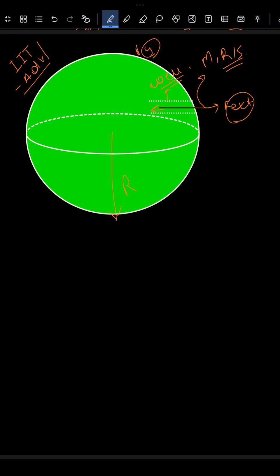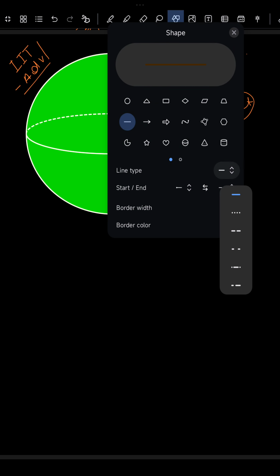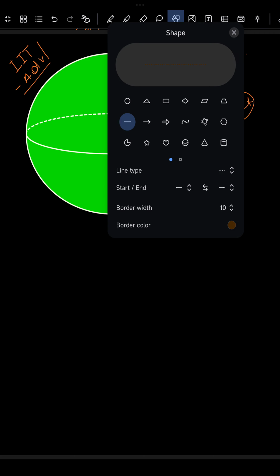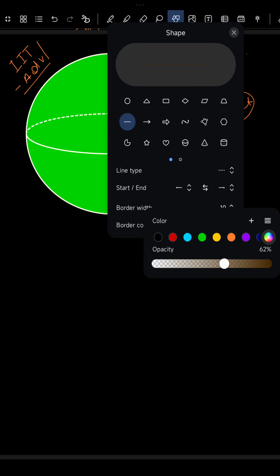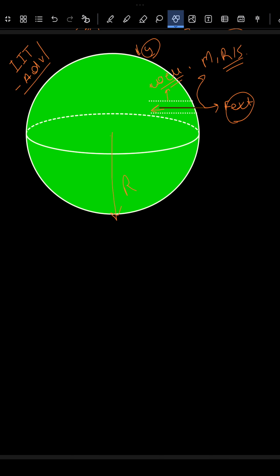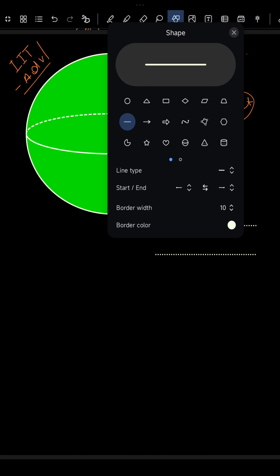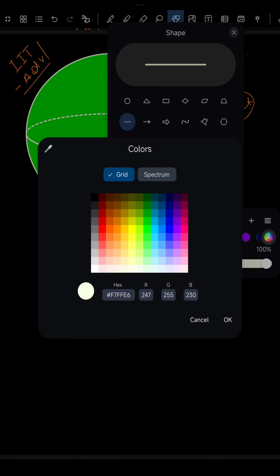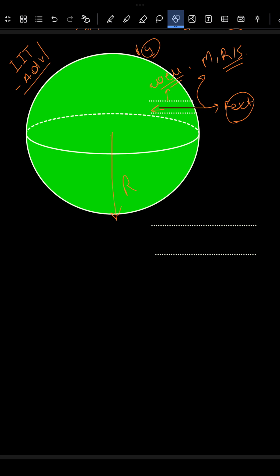So first let me just draw the situation, which is a bit zoomed and more visible for everyone. So this is the well, and here we have the rope which is of R by 5 length and m mass.